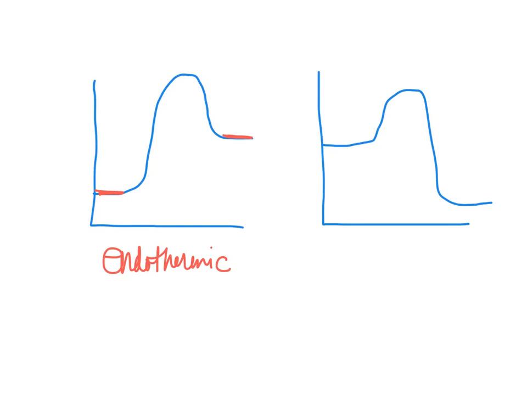And here, when we look at the second graph, if we look at the products, which are down here, and compare them to the reactants, which are up here, the difference between those two things would be the delta H, and in this reaction, the delta H would give us a negative value, which would end up being an exothermic reaction.